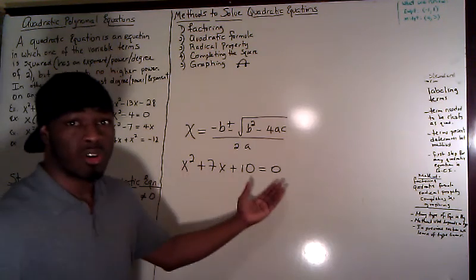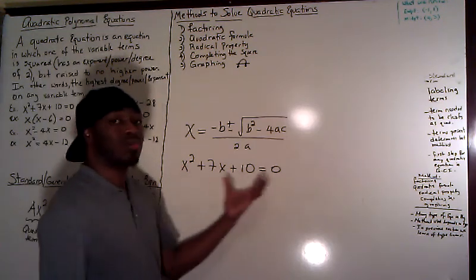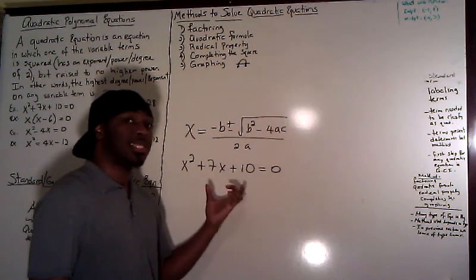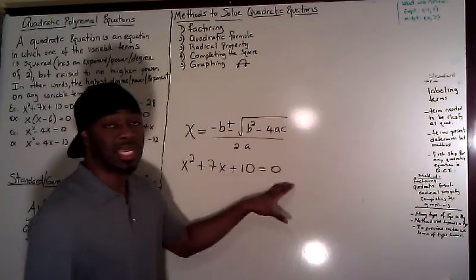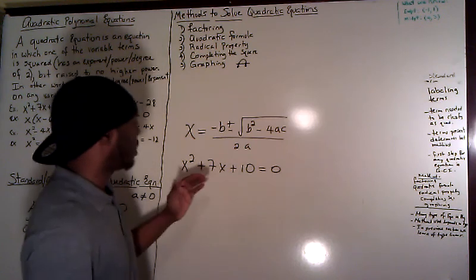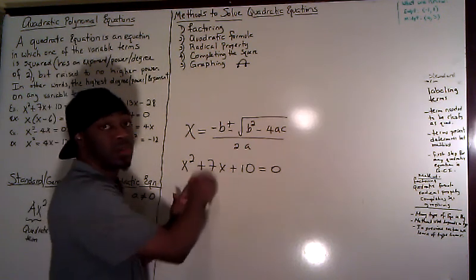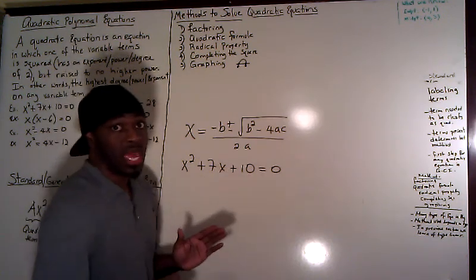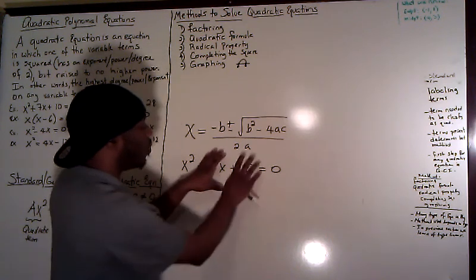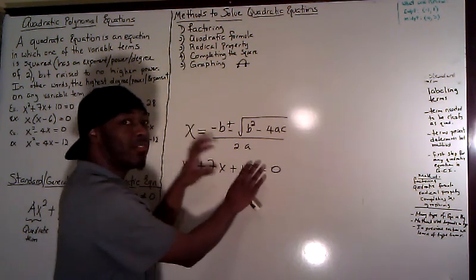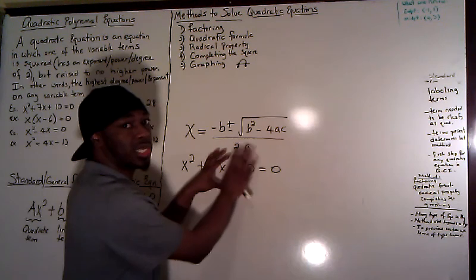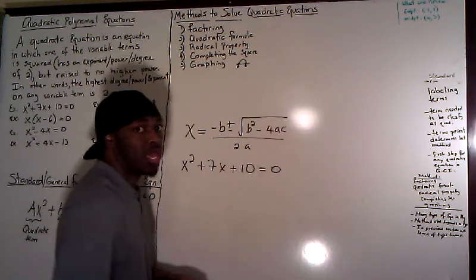And all standard form means is that all the terms are on one side of the equation, and the other side is set equal to 0. Also, you must have the terms in descending order. And if you're missing one of these two terms, then the value for that is considered to be 0.